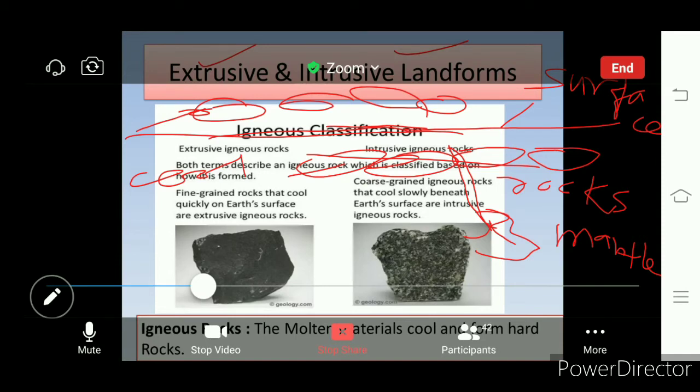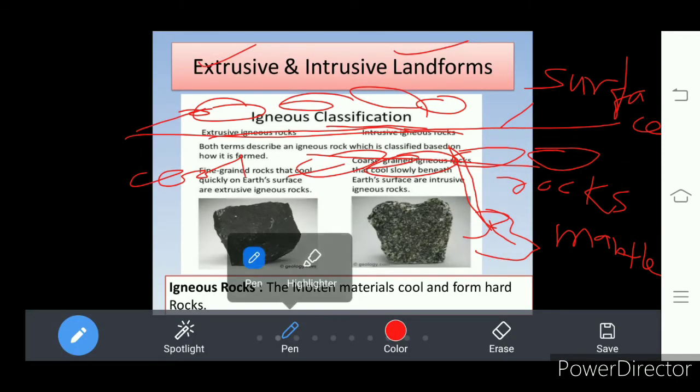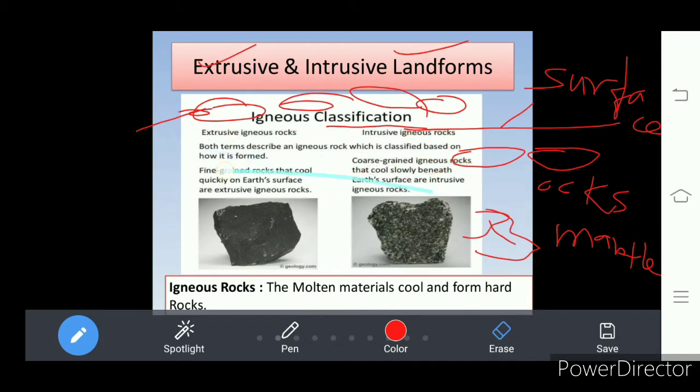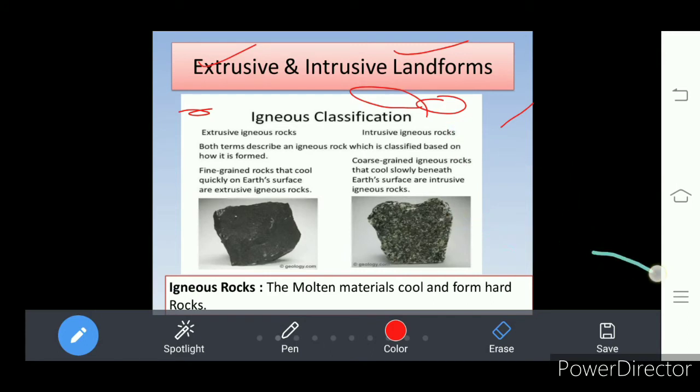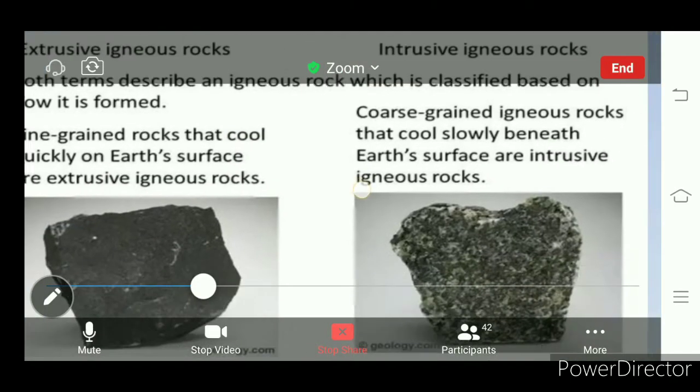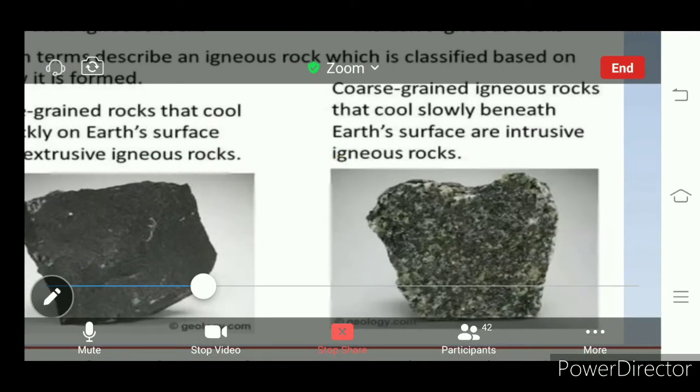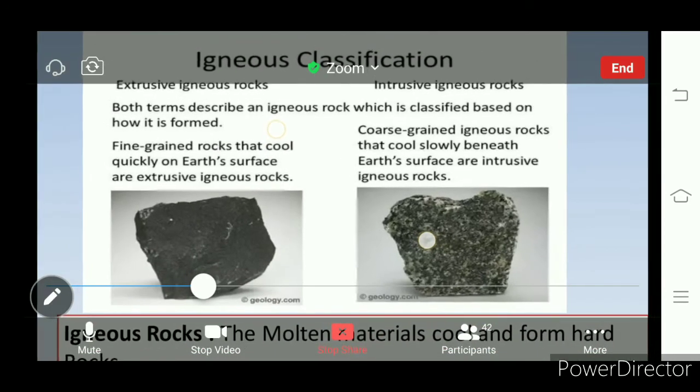Now look at this slide. What do you see here? There are two types of igneous rocks shown in this slide. One is an example for intrusive landforms, and another one is an example for extrusive landforms. Look at this. What do you see here?